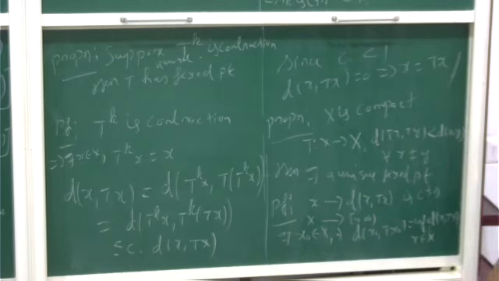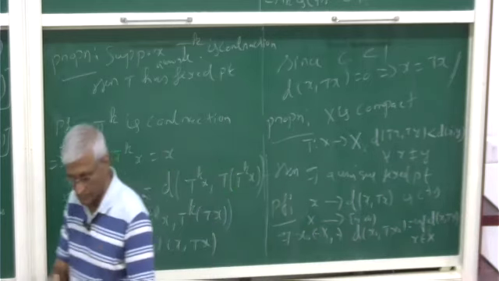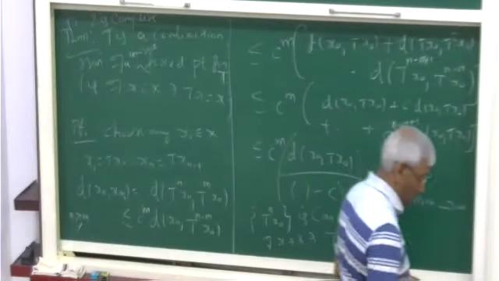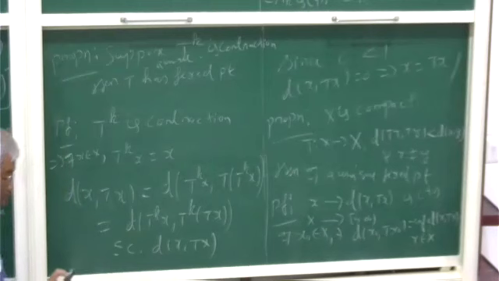There exists such an x naught. That's the infimum. So we want to show that this x naught is the fixed point.